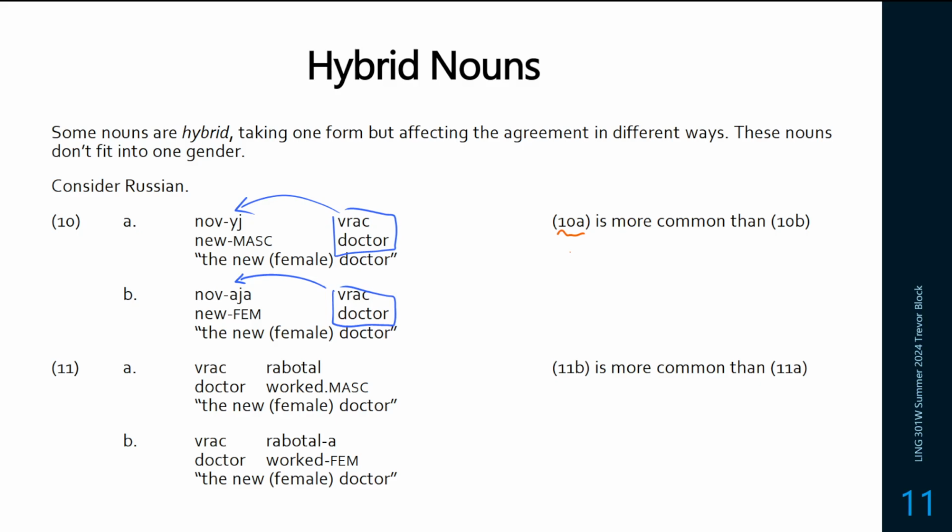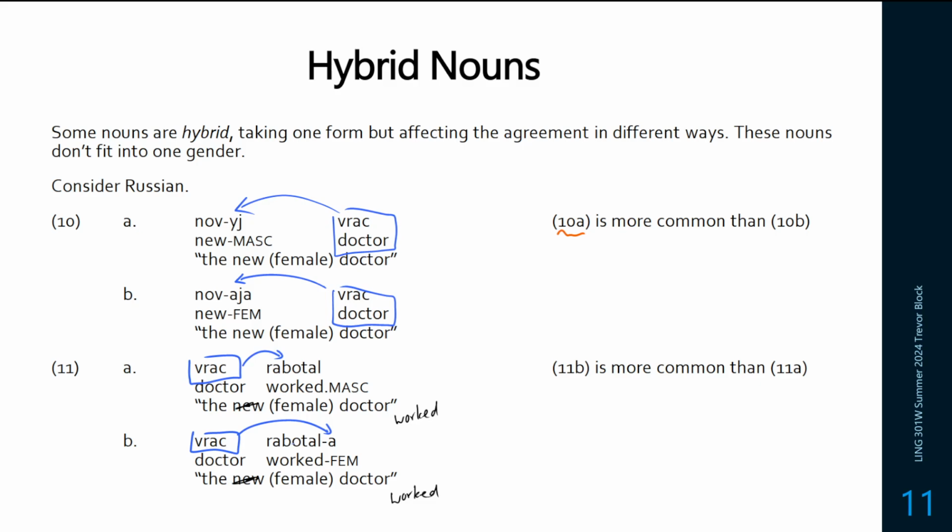But if we take a look at the same thing in terms of the predicate, the female doctor, this translation is not right. The female doctor worked would be how it should be for each of these with implied feminine. We can see that on the verb, it can take either the masculine form or a feminine marker.